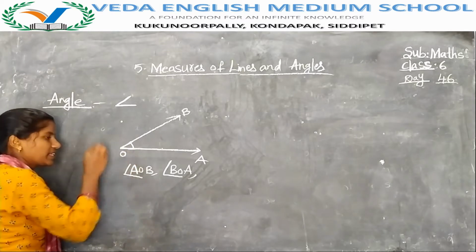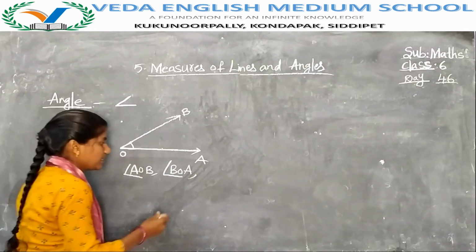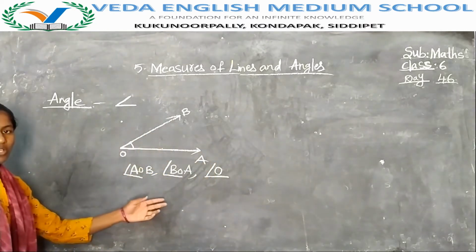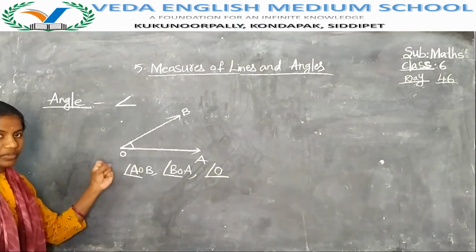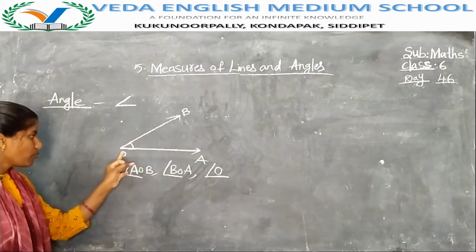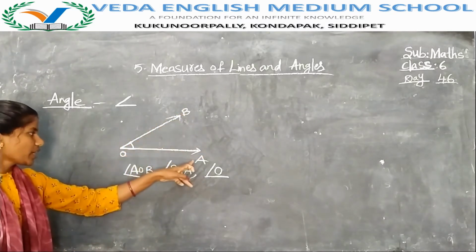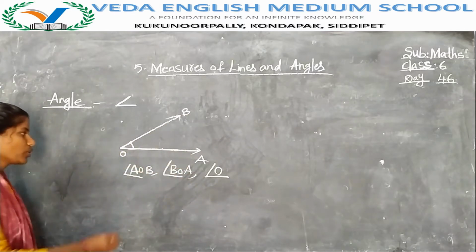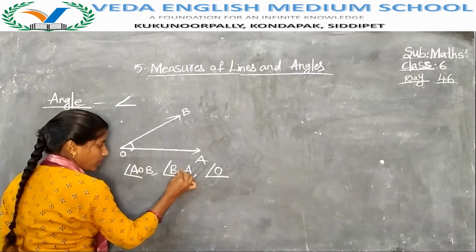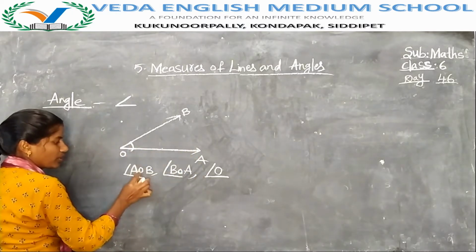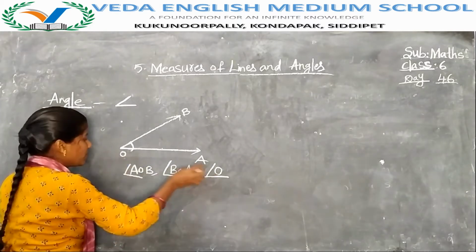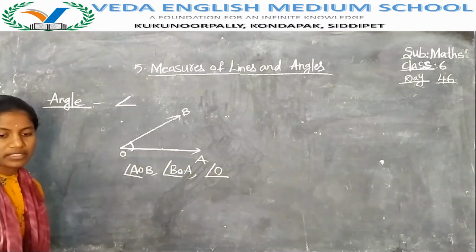O. So it is angle O. These are the three ways to name one angle: AOB, BOA, or simply O. O has to come in the middle, so AOB or BOA, with O in the middle. If you want to say simply angle O, you say the middle letter.